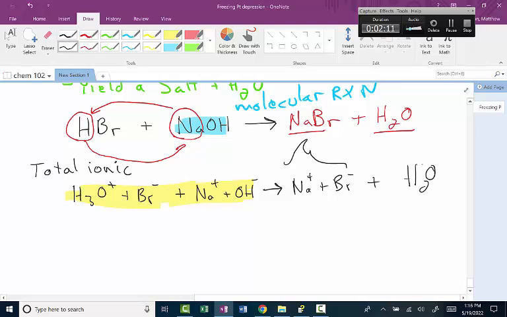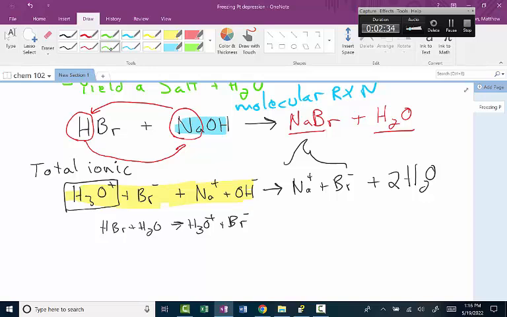Now, we're missing an extra water from here because if you remember, HBr plus water gave us H3O plus Br minus. So we get an extra H2O out of this. And so we get 2 H2O. So that is coming from this OH grabbing one of these H's. Okay? This is called the total ionic.